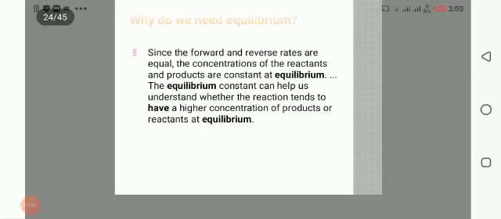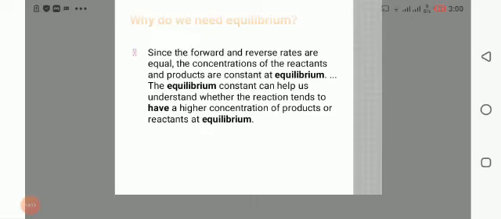The question arises, why do we need equilibrium? Since the forward and reverse rates are equal, the concentrations of the reactant and product are constant at equilibrium. This is the chemistry terminology. When a reaction proceeds, reactant can react into product. A stage comes when the reactant goes to product and product reverses back into reactant.